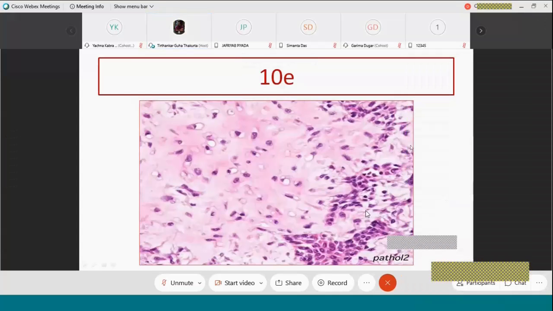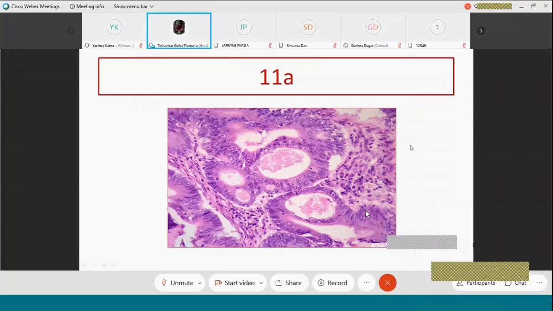Can you identify this structure? Look into the structure and say, they look like glands, but the glands don't look like a usual gland. So what is this structure?